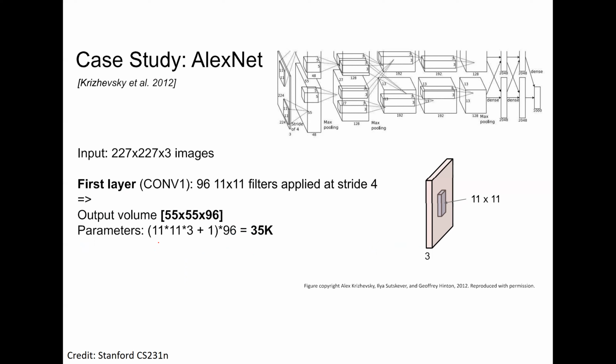Because we have 96 filters, and the filter size is 11 by 11, and the depth is 3, because the input has a depth of 3. And this one corresponds to a bias. It has around 35,000 parameters.